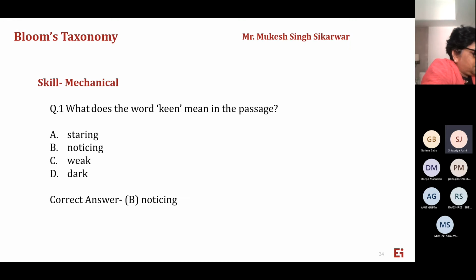The word keen has more than one meaning in isolation. Sir framed the question: what does the word keen mean in the passage? When a student understands the meaning of keen in the context of the passage, he needs to apply his understanding of that situation.